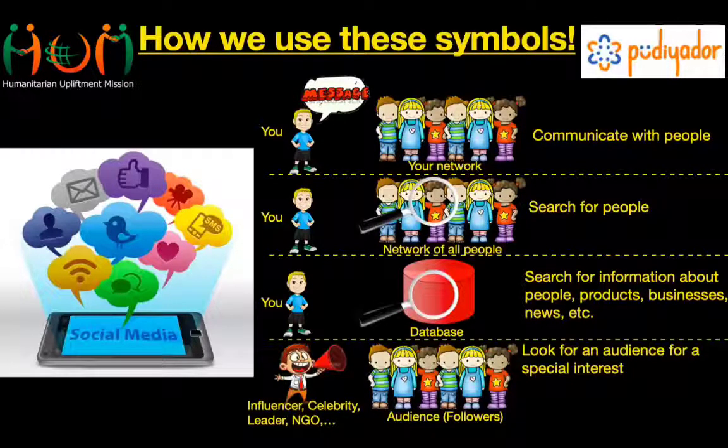Network means the people you talk to. Network can be people, businesses, NGOs. Anybody can form a network. You can form a network of your friends, of businesses, NGOs. You can form a network around environment issues, right? For example, if you have water problems in Chennai, you can form a network around everybody talking about water problems in Chennai.